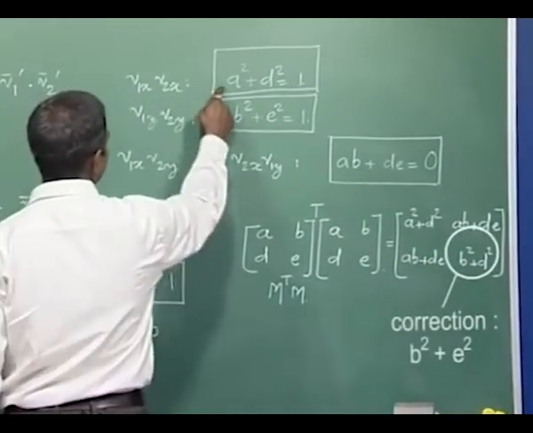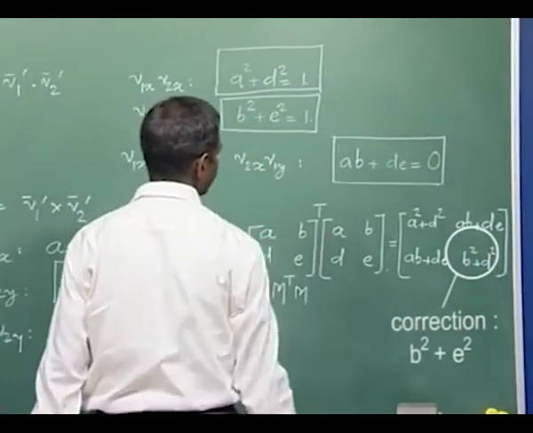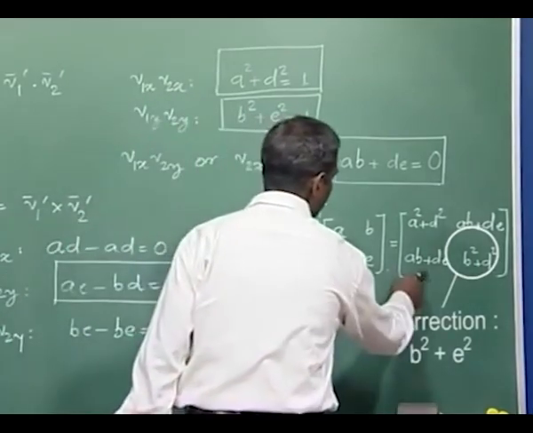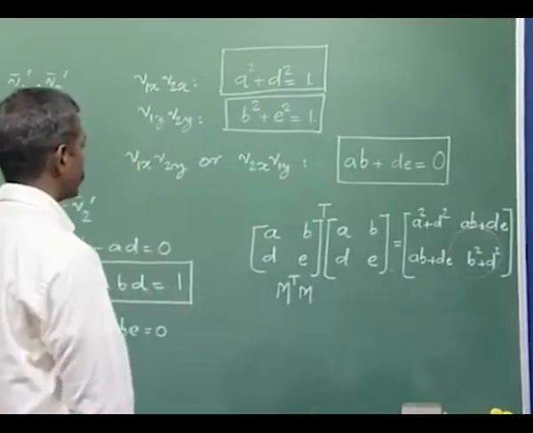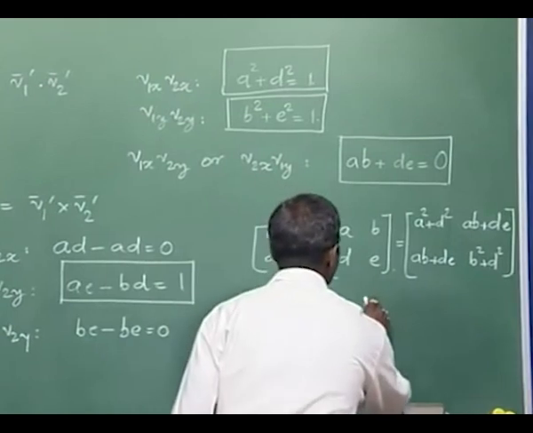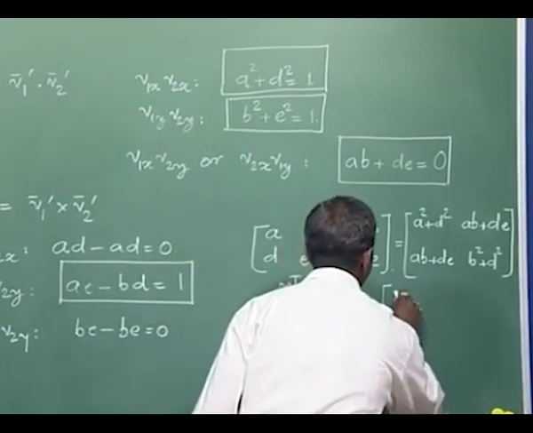Look at these relations here. It will not be difficult for you to figure out that this is nothing but a 2 by 2 identity matrix.